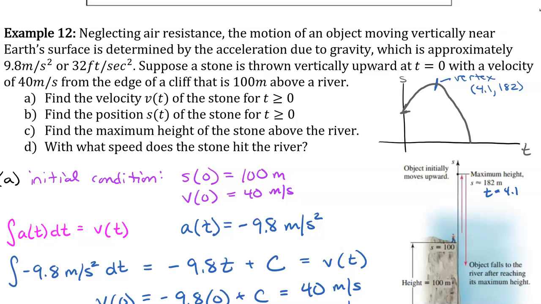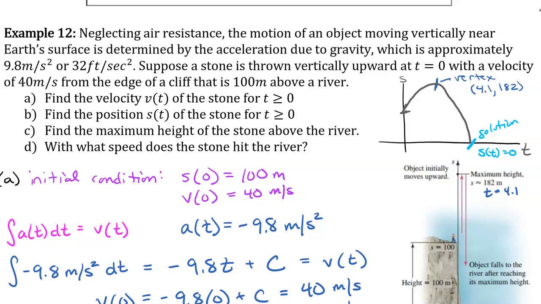The Earth is not trying to pull the stone back, it's trying to help it along. And we want to find the solution of where it hits the t-axis, otherwise known as S of t is 0.